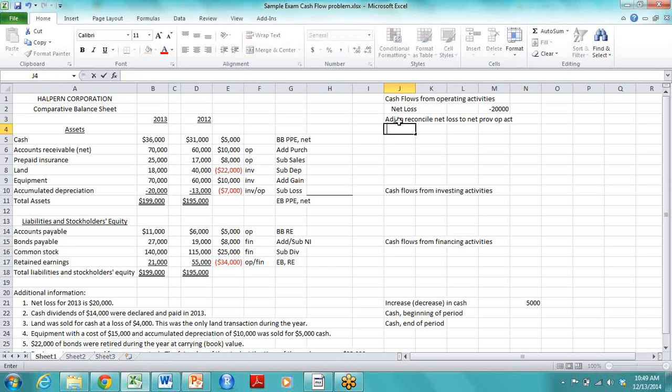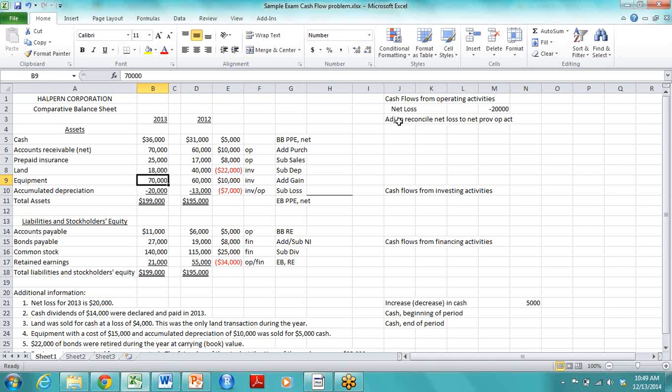I'm just going to abbreviate for sake of time. And we're going to add any depreciation, amortization, or depletion, or gains or losses from sales or disposals. So we don't have any amortization, just given the nature of the items. We don't have that in this problem, but if we did have it, we would need to include that.